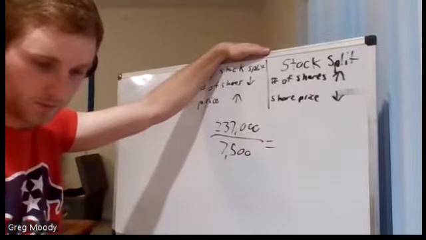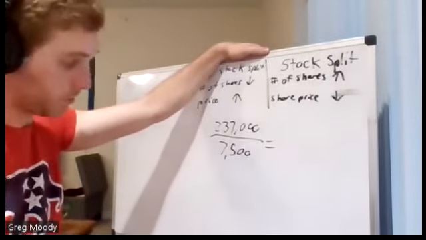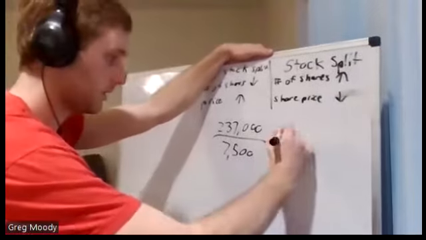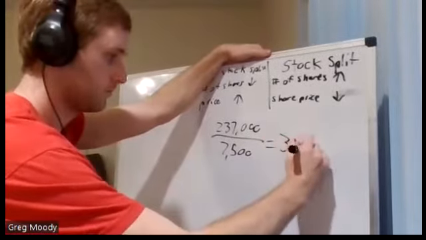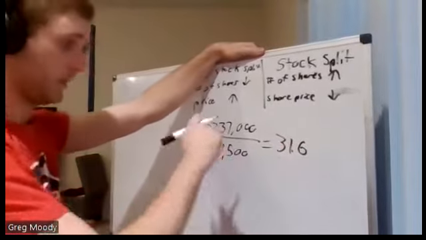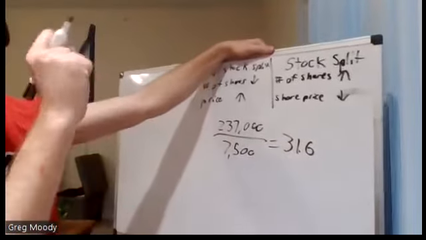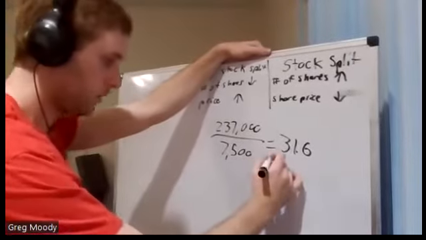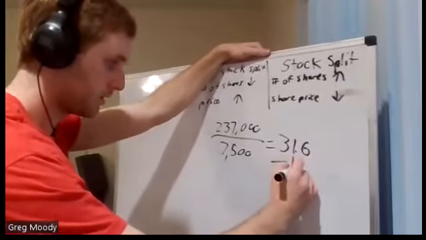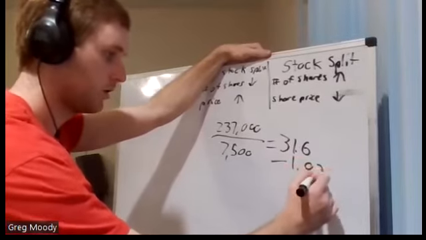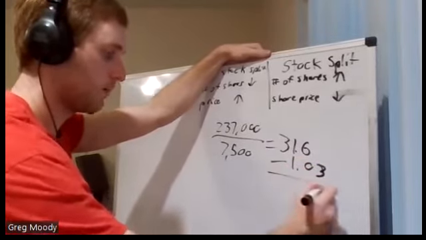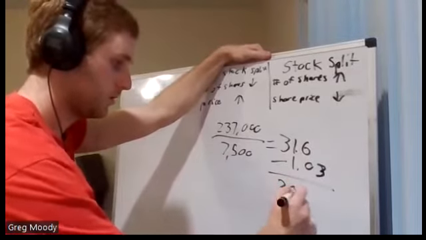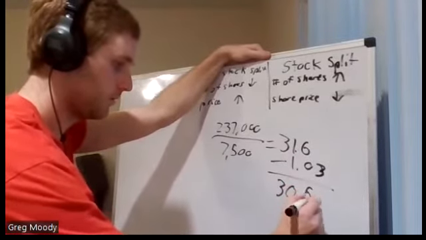So 237,000 divided by 7,500 is 31.6. And we know we're getting a dividend of $1.03. We know our stock price is going to drop by that amount. So that puts us at 30.57.